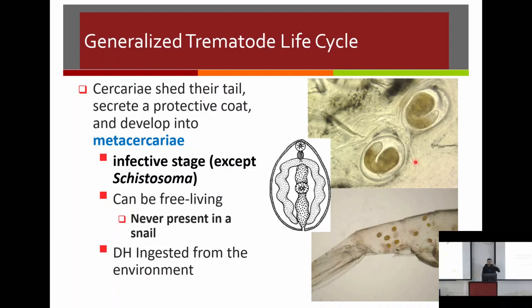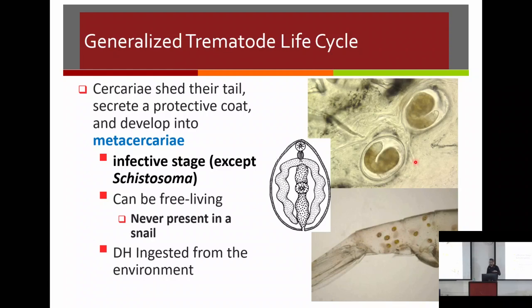And then the definitive host will never get the infection from the snail. They will not eat the snail. The infection will go into the definitive host always as metacercaria, and that will be in the grass or in the environment, right?